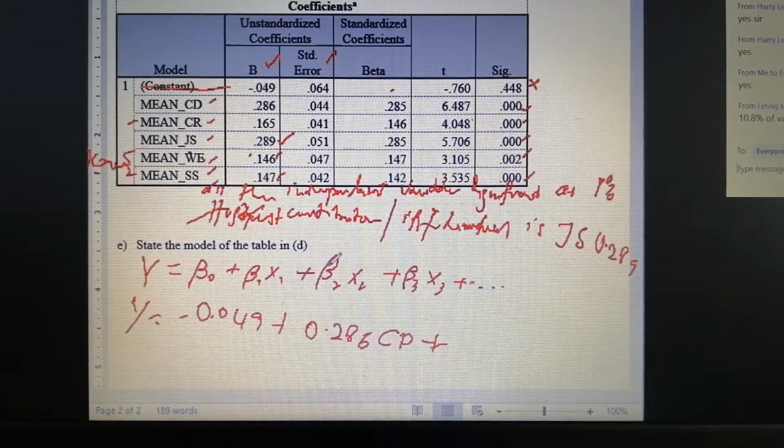Remember, beta naught is the constant, beta 1 is 0.286, and X1 we replace with CD because of the given variables. So beta 3 will be CR, that will be 0.165 CR, and plus so on. You just fill in the rest. Is that clear? Guys, is that clear?